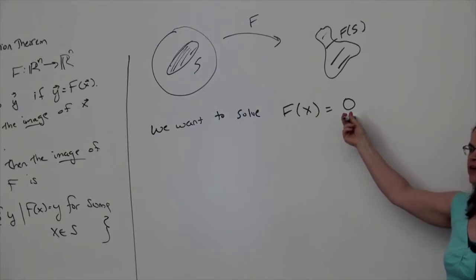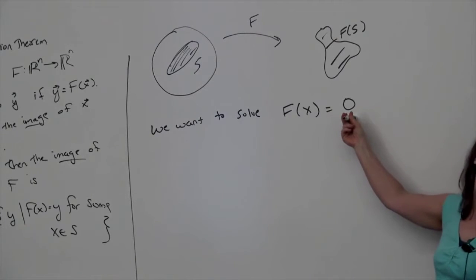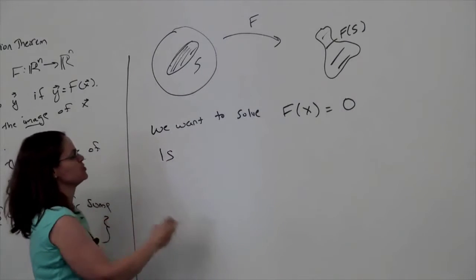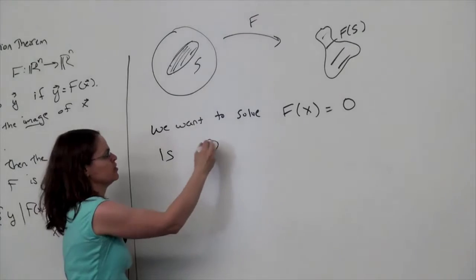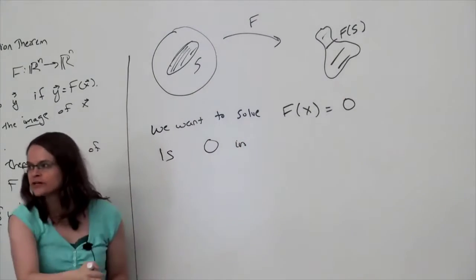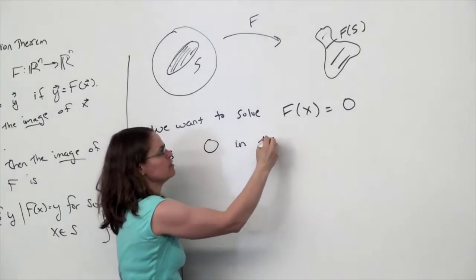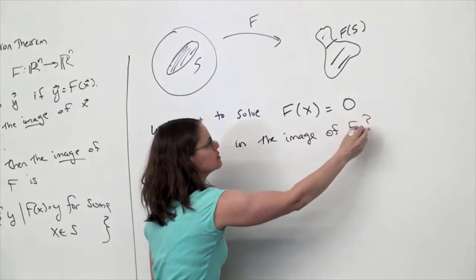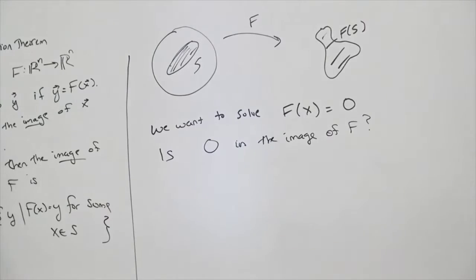Is there actually any x that can reach 0? Because if there's not, then we've got a problem. Okay, so this is the first question we should worry about. Is 0, this being the 0 vector, actually in the image of f? Can we reach this at all?